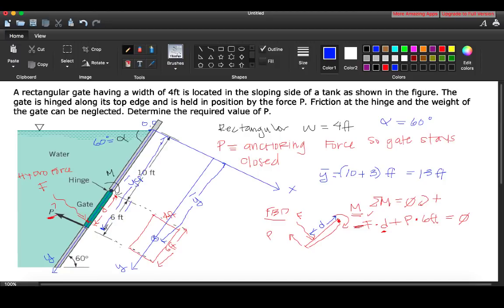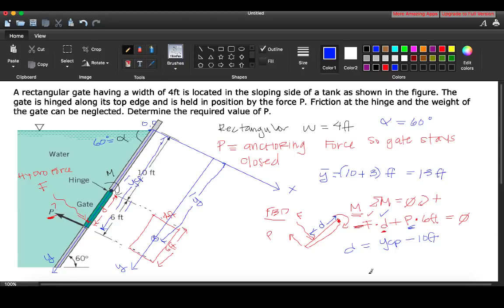It's going to be YCP minus 10 feet, okay, is going to be equal to this little distance. So D is going to be YCP minus 10 feet.